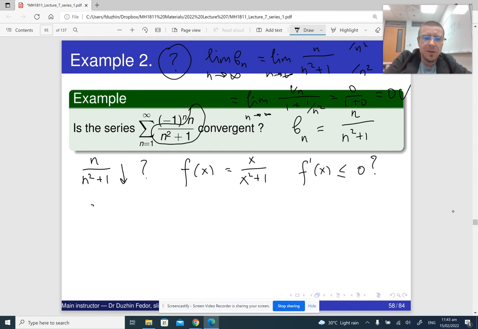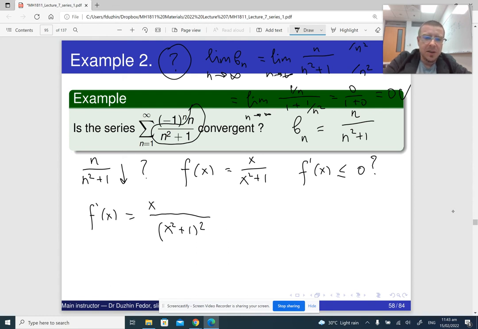So f prime of x is, since this is a ratio, I can apply the quotient rule. x squared plus 1 squared in the denominator. In the numerator I have f prime g minus f g prime.